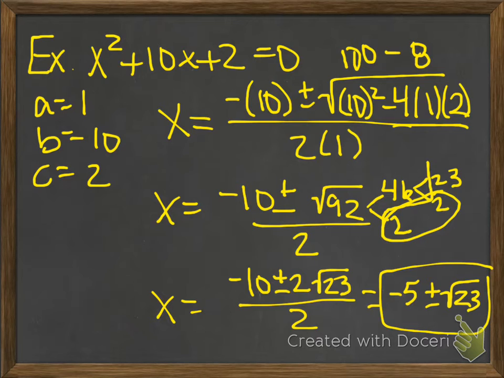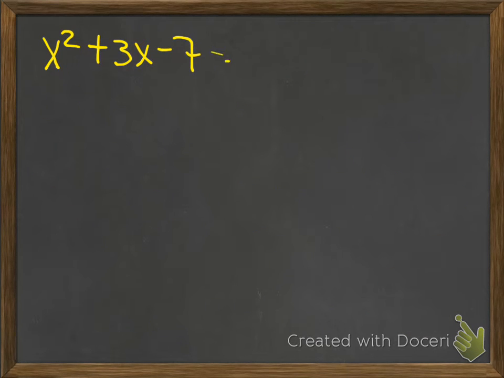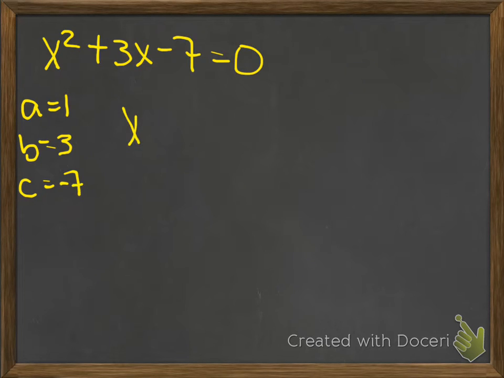Okay, y'all take a moment, do this example. This one you actually cannot simplify. Here I'm telling you A is 1, B is 3, C is -7. Then you start plugging in the numbers. You've got the negative.